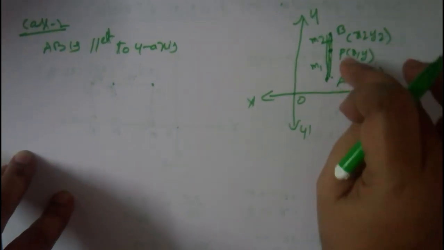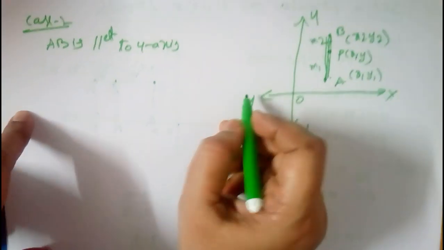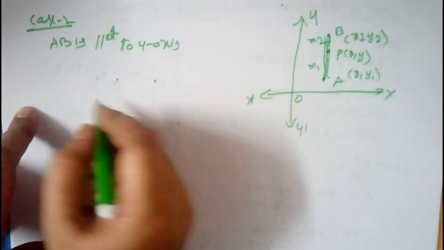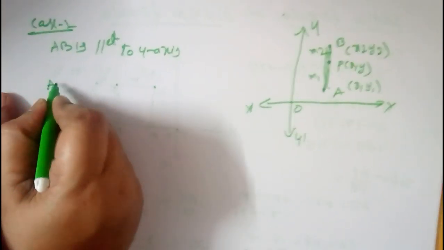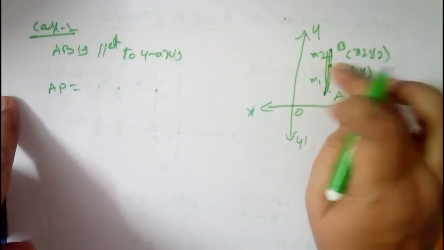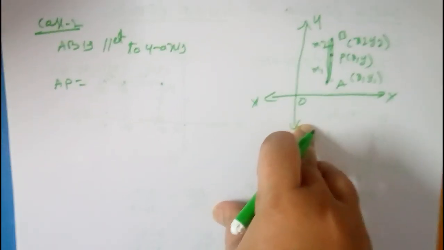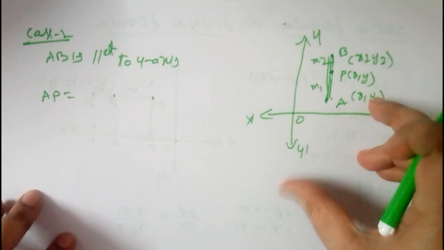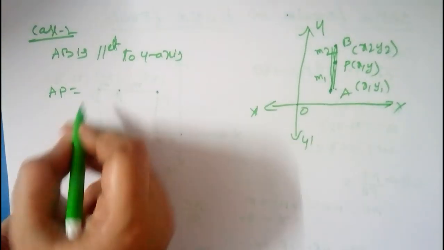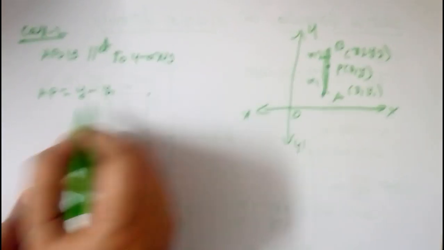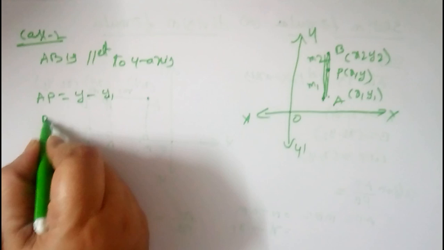That means I have to find AP is to PB. The perpendiculars are not needed; we can directly take AP. What is the AP value? AP is y minus y1. Then what is the BP?